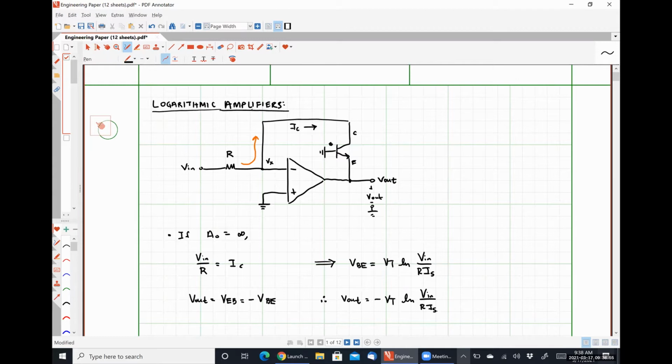So in order for this BJT to conduct current, what does that tell us about the output voltage? It's always going to be negative, right? And the more current we want this guy to push through, the more negative that output voltage is going to get. So this gives us a constraint that Vn must always be a positive, or 0 or greater, quantity.